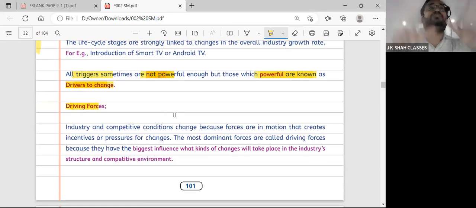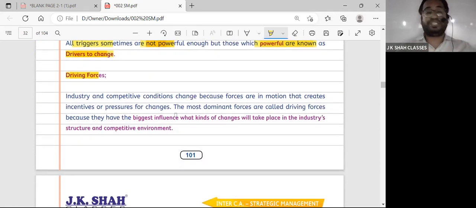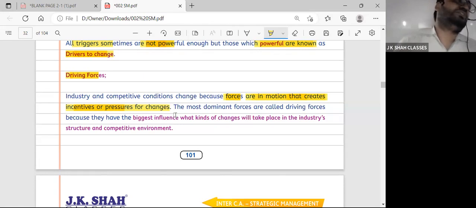These are the factors which have led to the change. Industry and competitive conditions change because forces are in motion that create incentive or pressure for change. What is incentive? Opportunity. What is pressure? Threats. So if you are able to change, it is an opportunity. If you are not able to change, it can cause a threat.